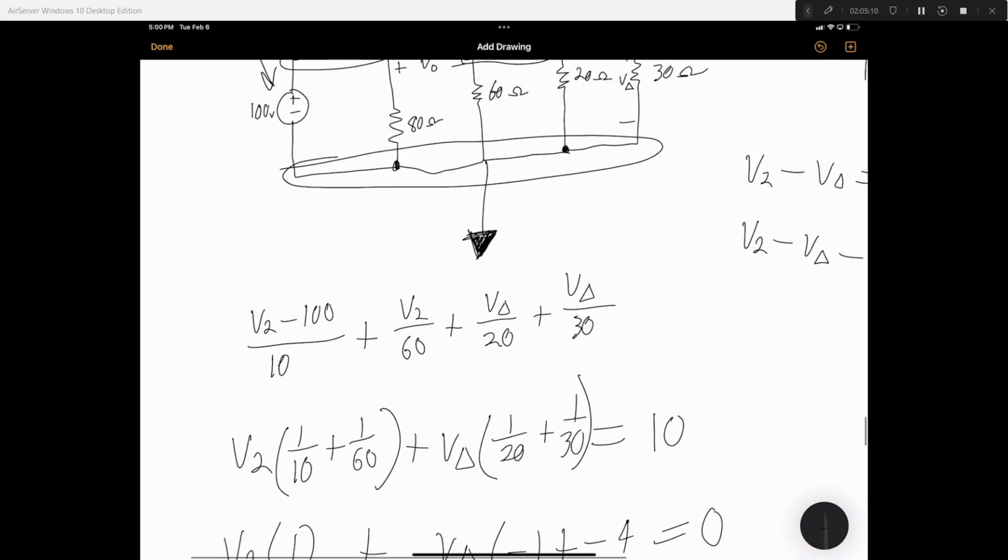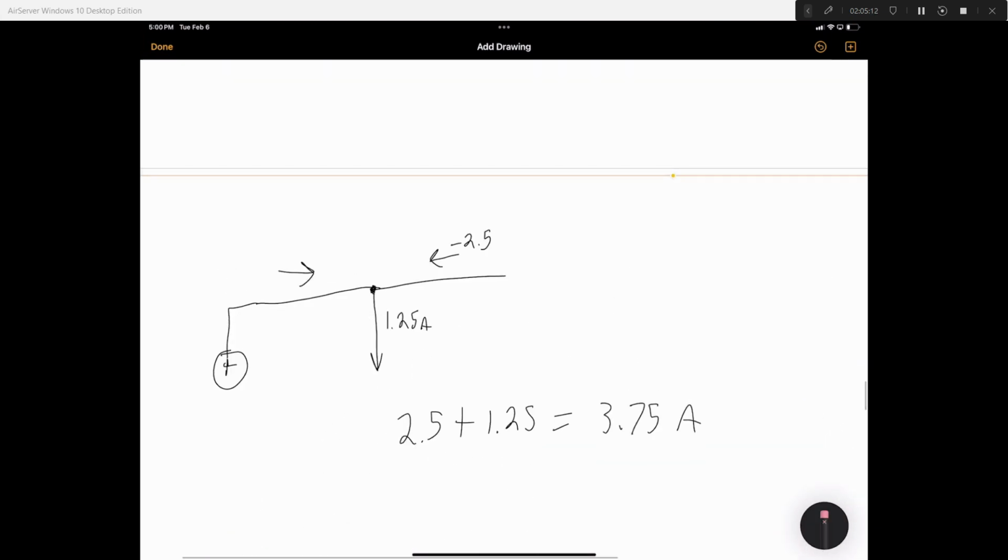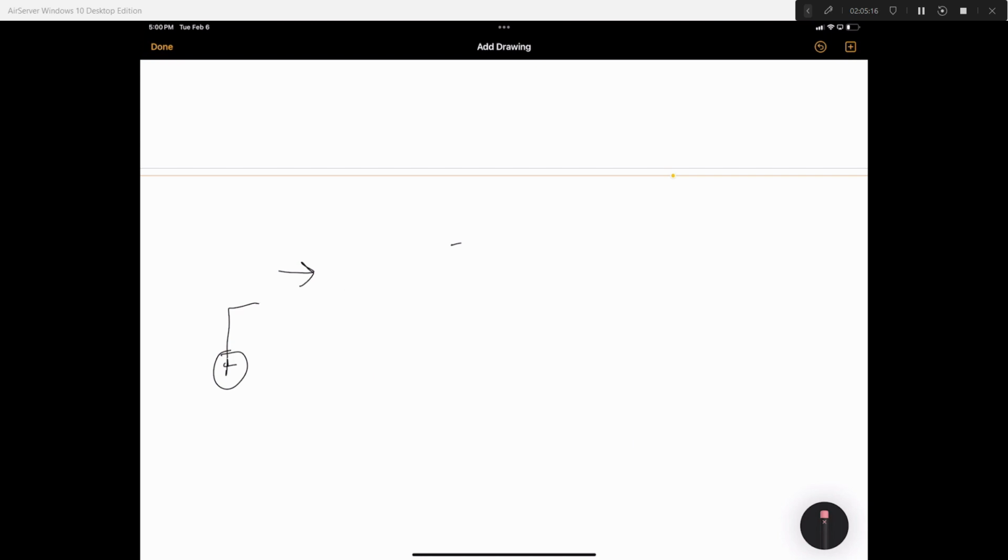Now for 4, we're just going to focus entirely on the power. What does it want? The current source. The current source, this way, 3 amps.